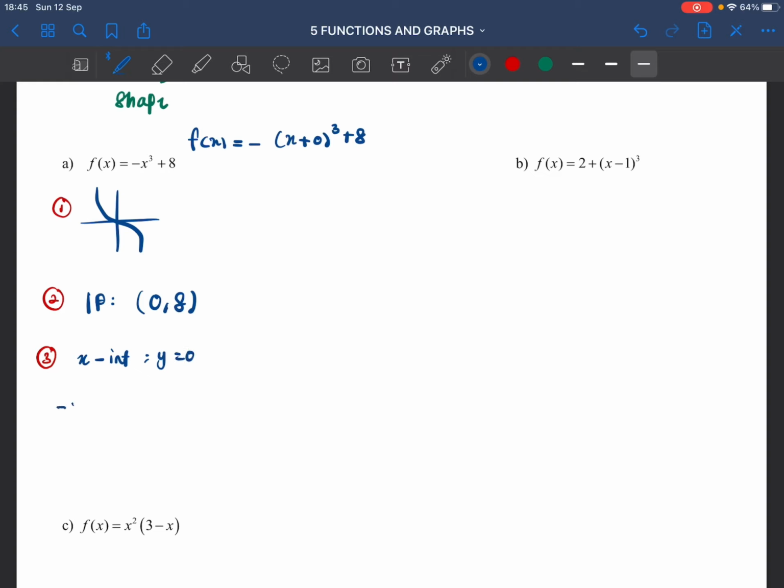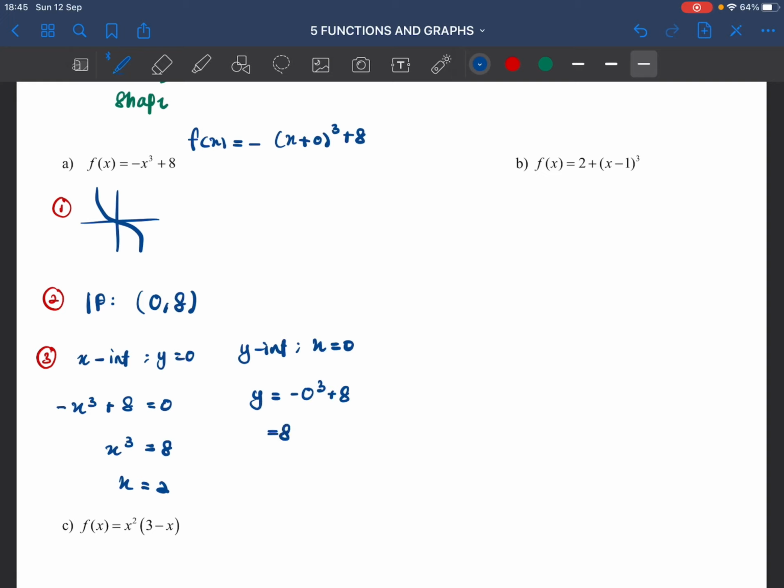So we should have negative x cube plus 8 equals to 0. You should have x cube equals to 8, x is equals to 2. Okay, so for y-intercept, you should have x equals to 0, and then obviously y equals to 8.